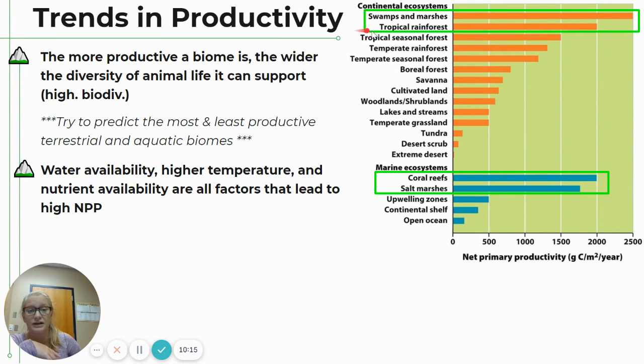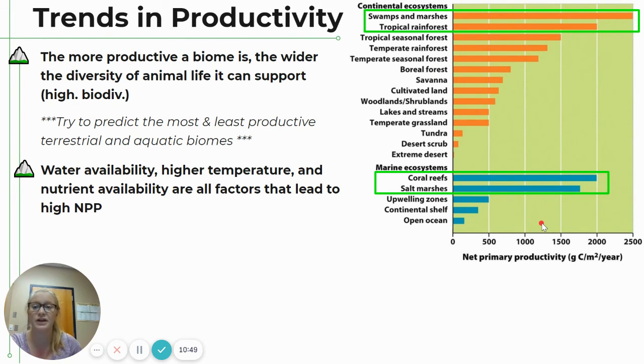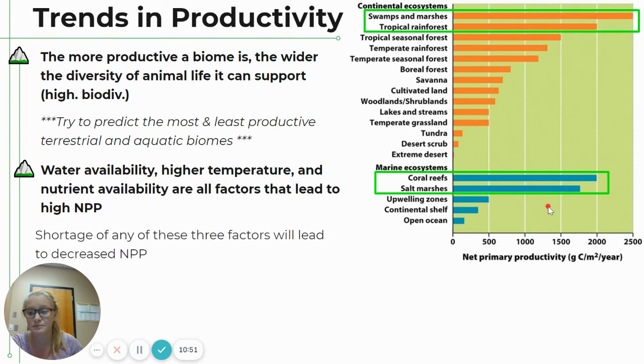In the video we watched in class on aquatic and terrestrial biomes, they told us the leading biomes in biodiversity were swamps and marshes and the tropical rainforest, as well as coral reefs and salt marshes. Those were our number one biomes with the most diversity, and guess what? They also have the most primary productivity. So you can see the correlation between primary productivity and biodiversity.